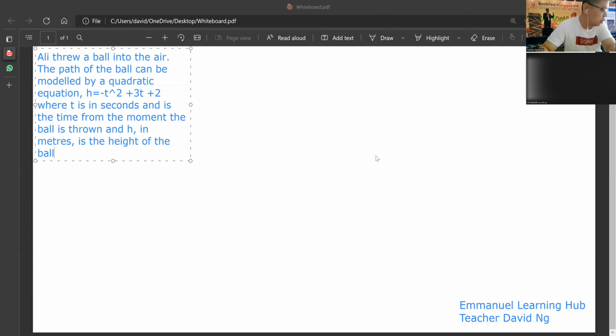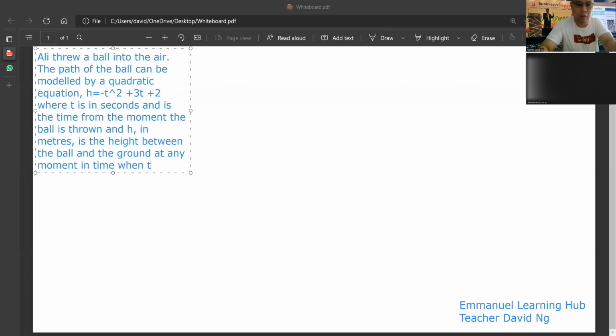Is the height between the ball and the ground, at any moment in time when the ball is in the air.